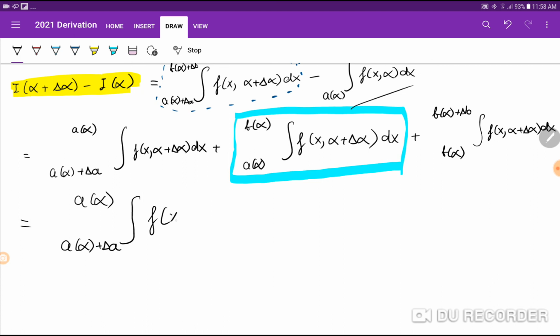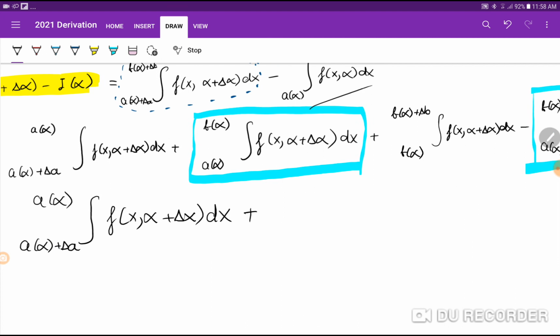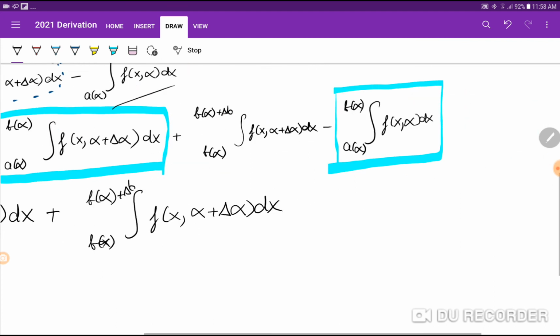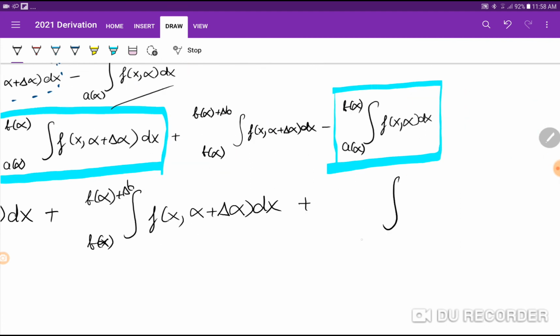Plus the integral from b(alpha) to b(alpha plus delta b) of f(x, alpha plus delta alpha) dx, plus the integral from a(alpha) to b(alpha) of [f(x, alpha plus delta alpha) minus f(x, alpha)] dx. Oh my god, I got confused too.